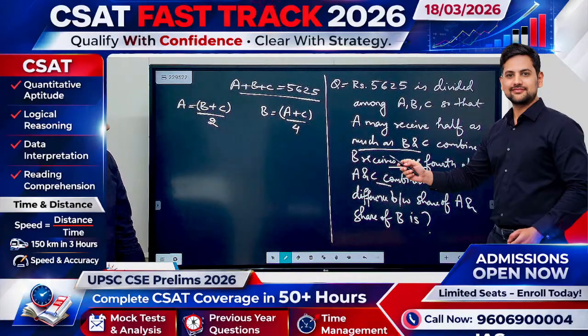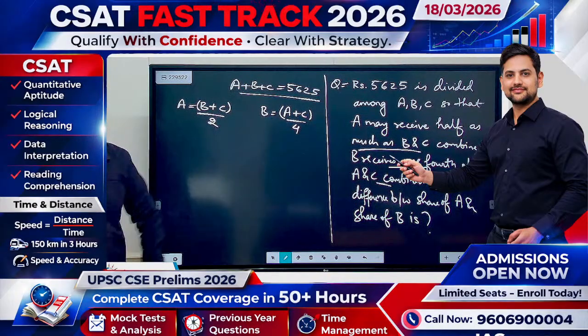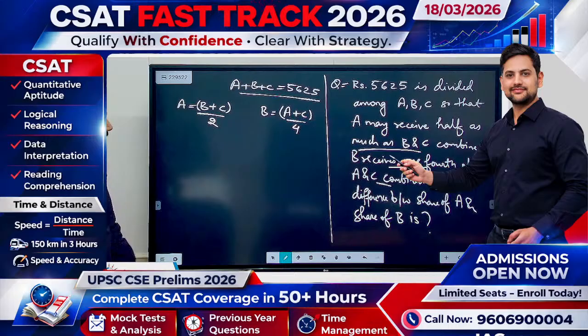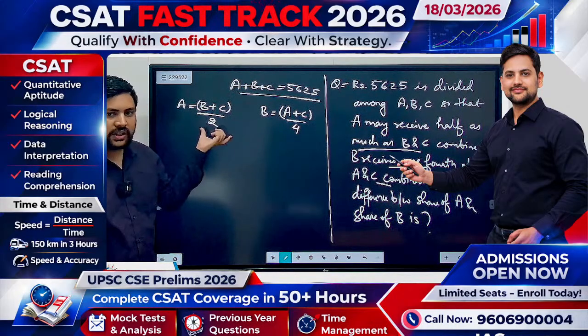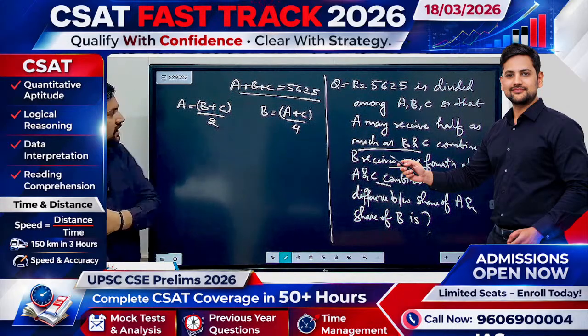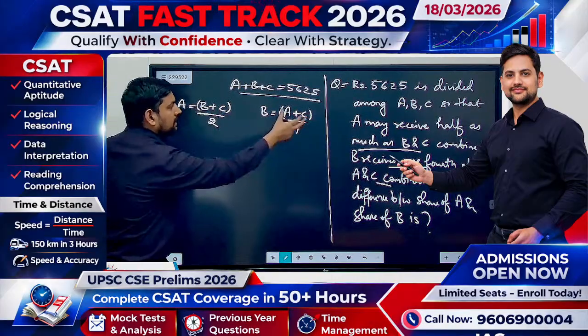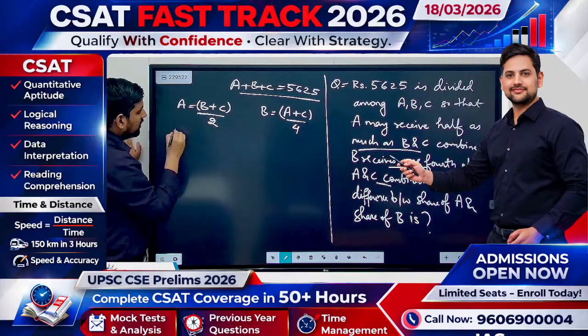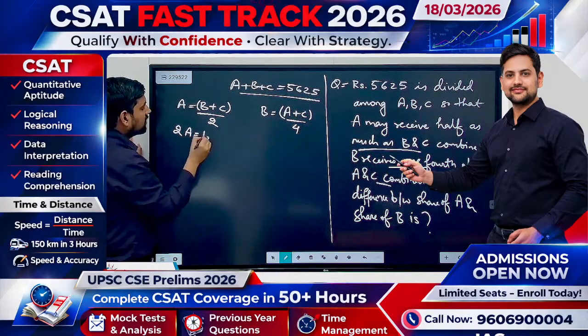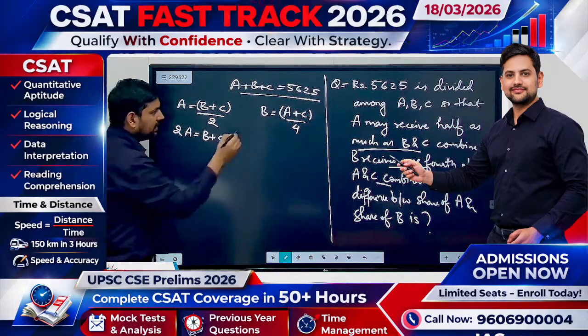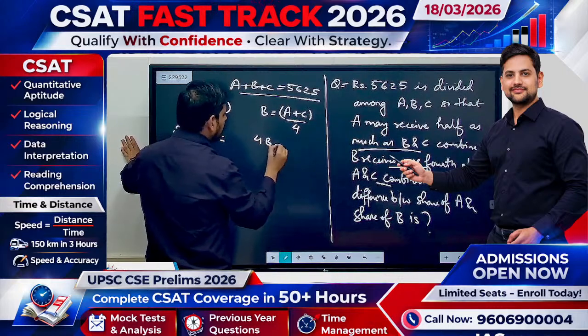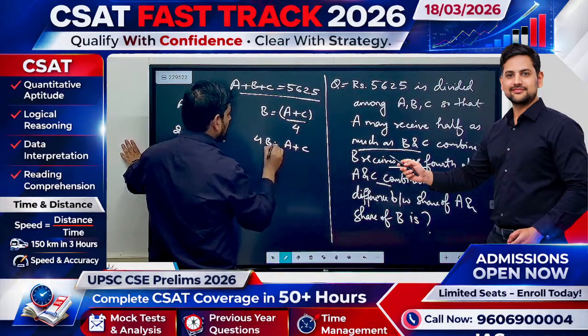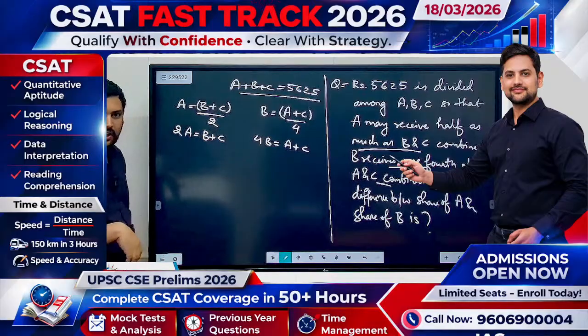Now you can ideally go this way, 2A and 4B, three equations, three unknowns, you solve it, but it becomes very complicated. Now, see, can you do it in a much easier way? If you see here, you're getting terms like B plus C and A plus C already. So if I send 2 here, this becomes 2A is equal to B plus C. This is fine. This becomes 4B is equal to A plus C. Now see how this can be directly used.